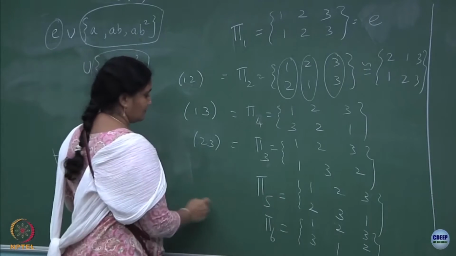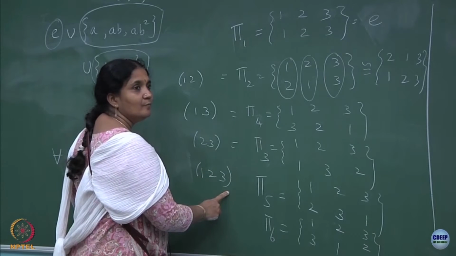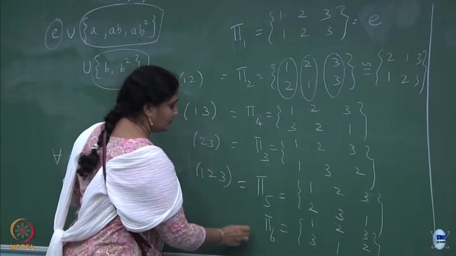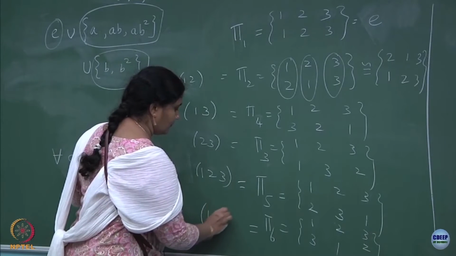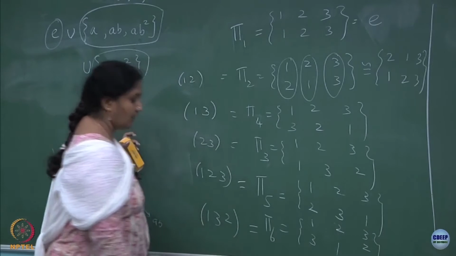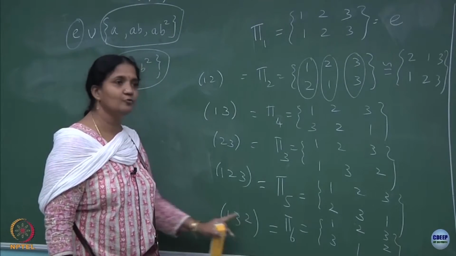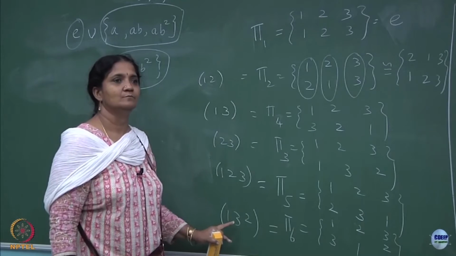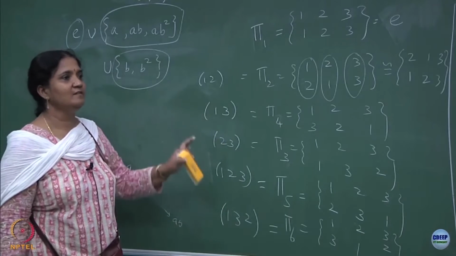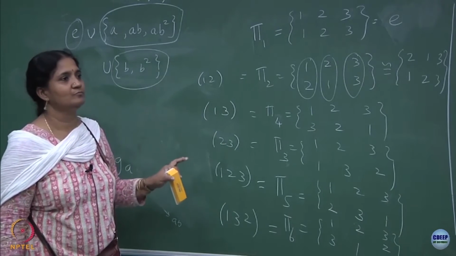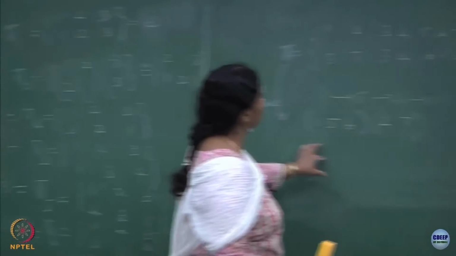What about this? (1 2 3), this one. Am I right? 1 goes to 3, 3 goes to 2, 2 goes to 1. Are you all with me? If you understand the simple example, the others you will follow. So, this is the cycle structure for an arbitrary element.